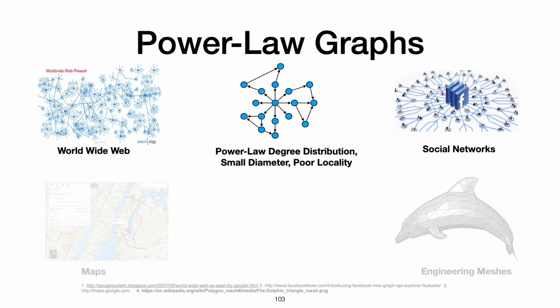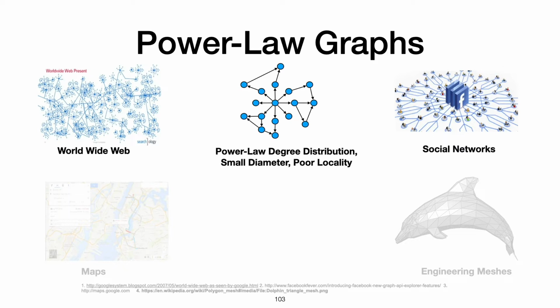So let me first motivate why we did GraphIt. If you look at graphs, there are many types of graphs. There are power law graphs, where in the World Wide Web or social networks there are a few popular people that have millions of connections, and there are the rest of people like us with very little connectivity.